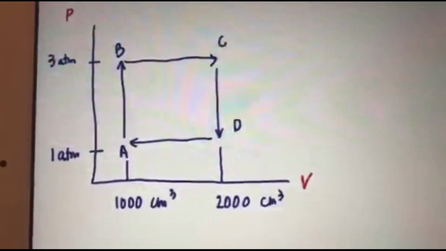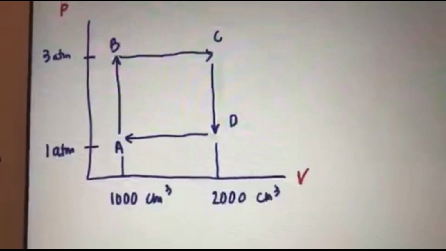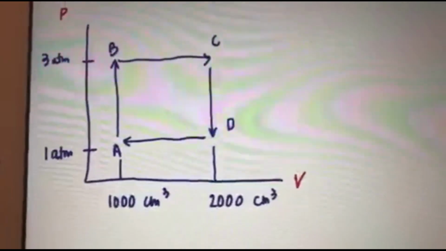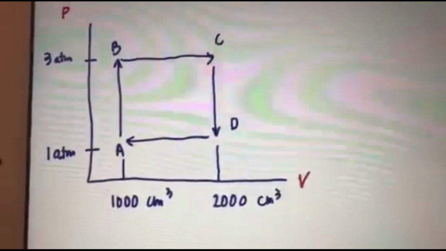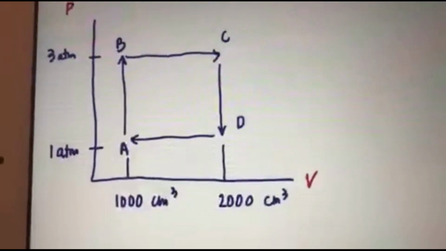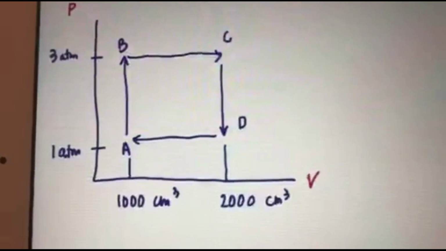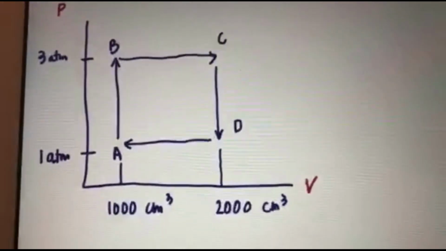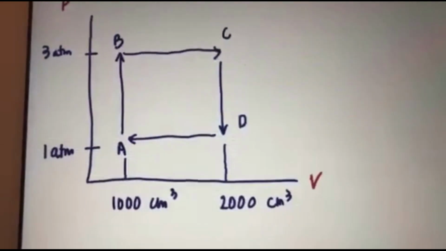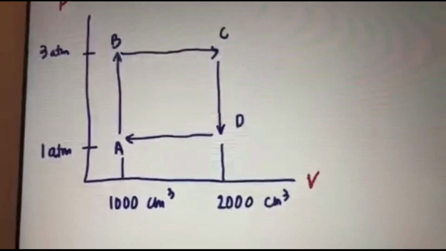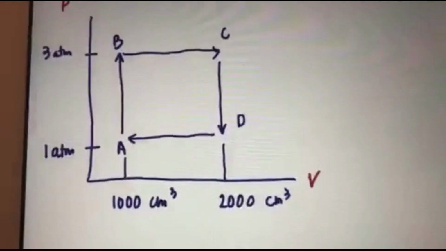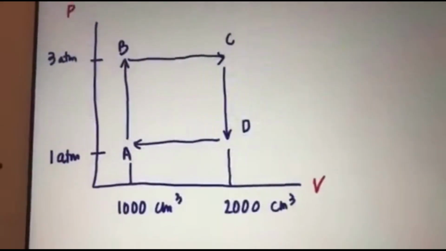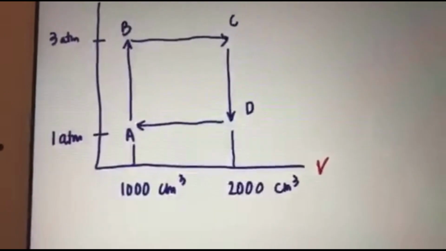For step B to C, this is an isobaric process. Pressure is constant at 3 atmosphere and volume changes from 1,000 to 2,000 cubic centimeter. C to D is similar to step A to B, so this is an isochoric process. And D to A is similar to step B to C, so this is an isobaric process.